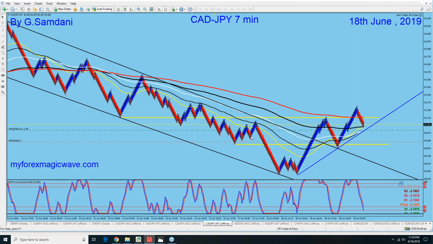Yesterday I couldn't make an entry because it never gave me an opportunity. Now with this 12 pip SL, if the price continues dropping, what do I lose? 12 pips. But when I'm right, you know how many pips I make, and you can do the same thing. That's why I always say, if you go by the book, don't be afraid of the SL hitting.